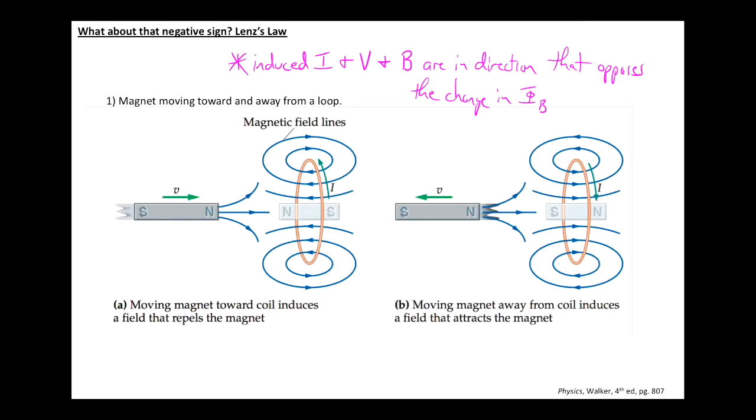Let's write down magnetic flux once again. You could think of this as B is getting larger as the magnet gets closer. Can you agree with that? Maybe? If I take the magnet away, make it go the other way, well then B would be decreasing inside the loop. Okay? So we'll say that B is getting larger through the loop as the magnet gets closer.